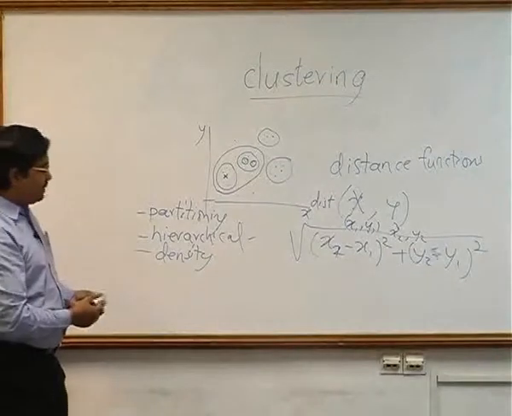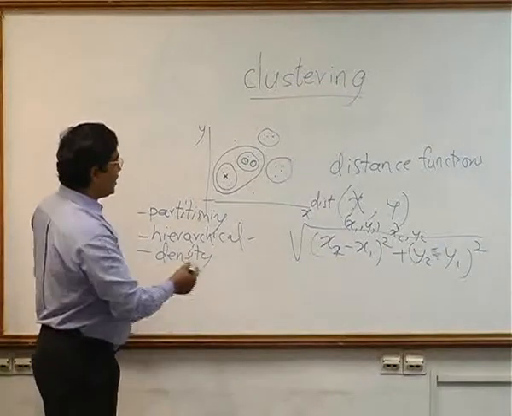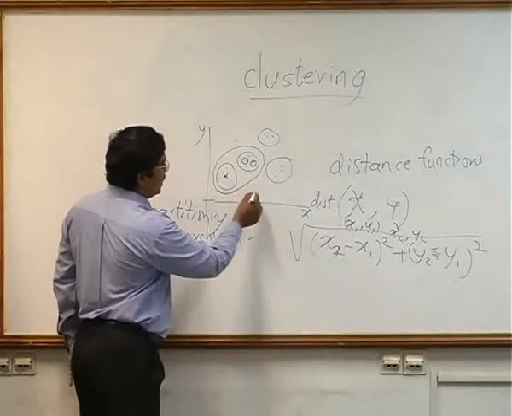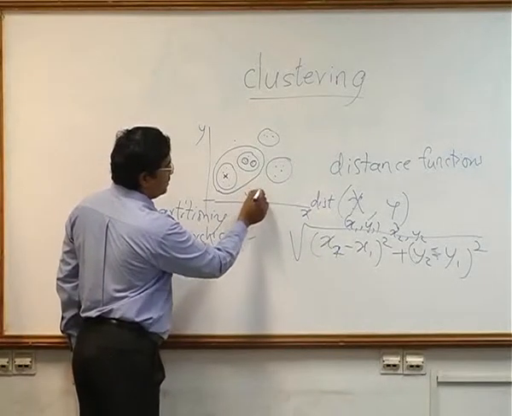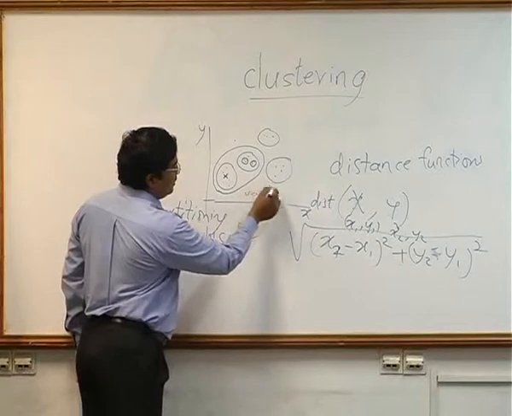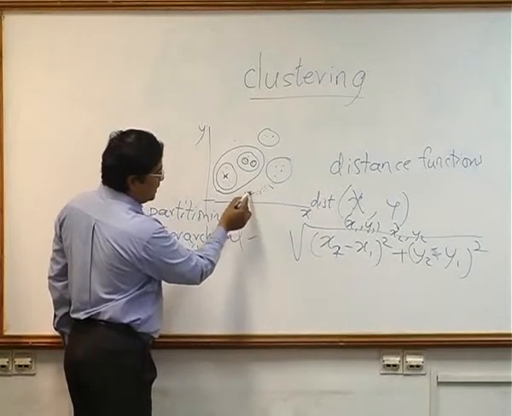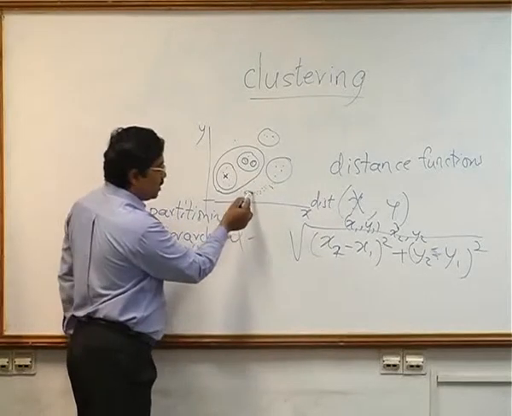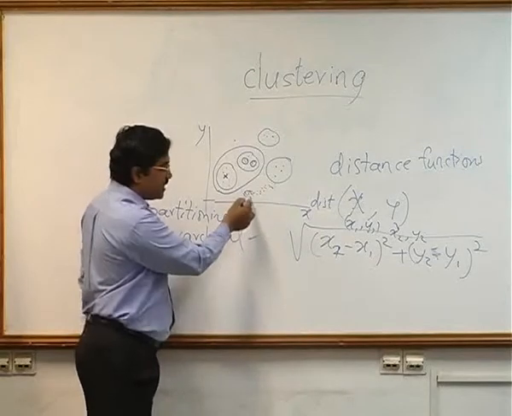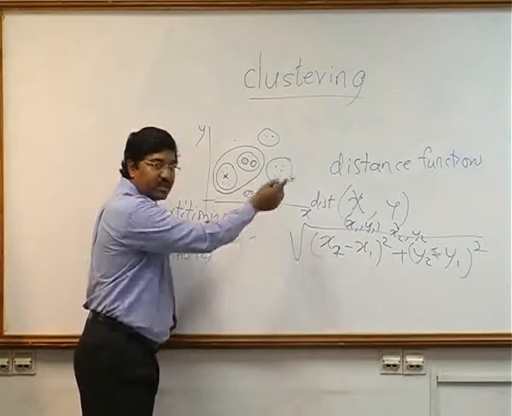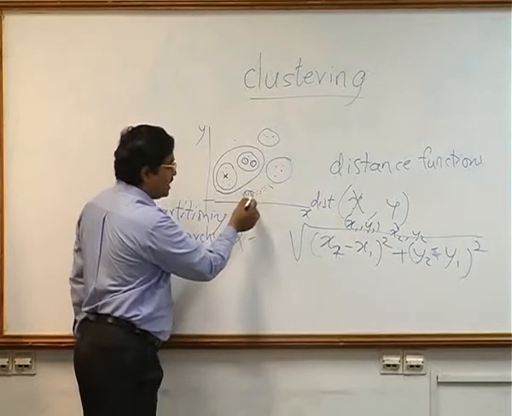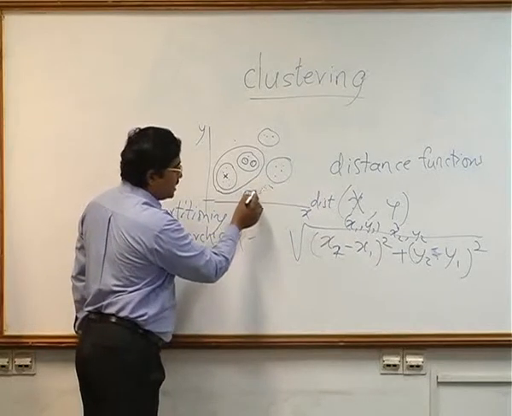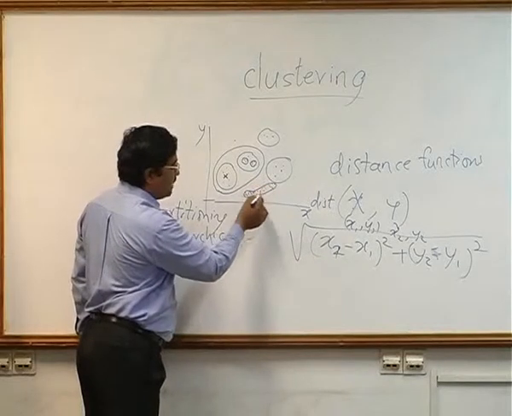Then you have density-based clustering, which looks at the density of points in a region. It will find that this is a dense region, put all the points in this region as part of a cluster, and then grow that cluster depending on how the density of points is present.